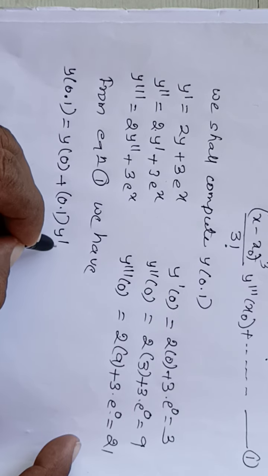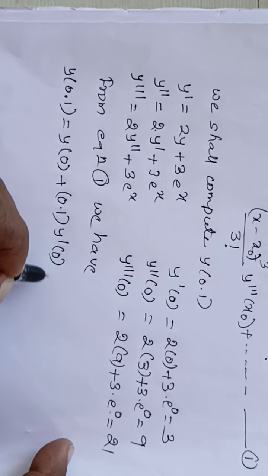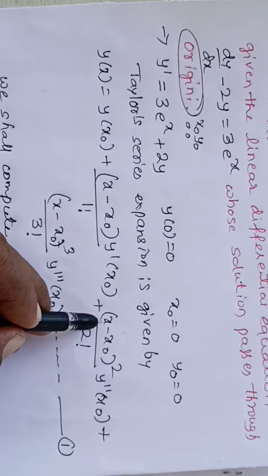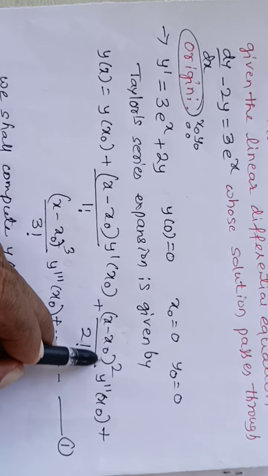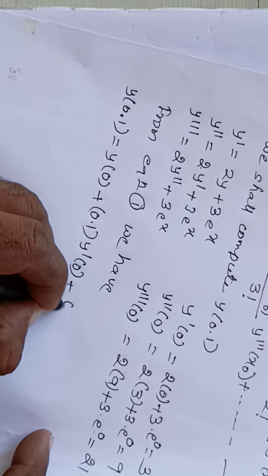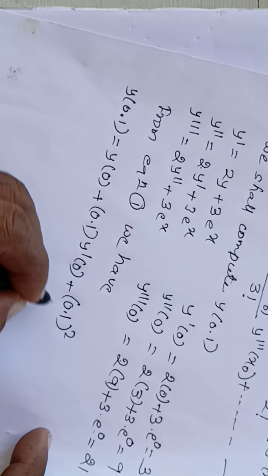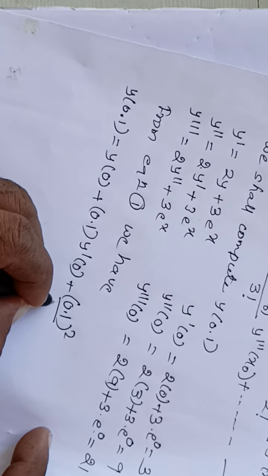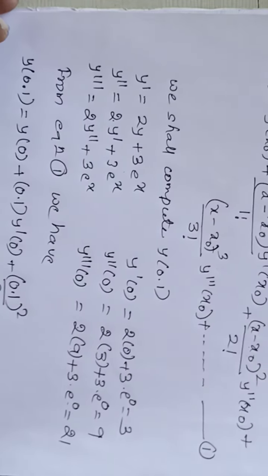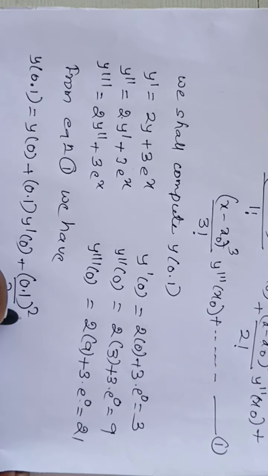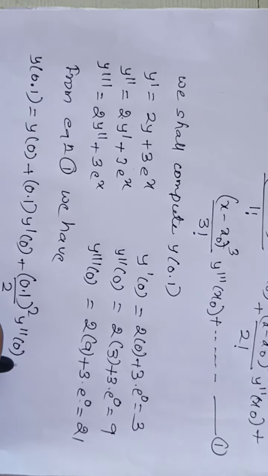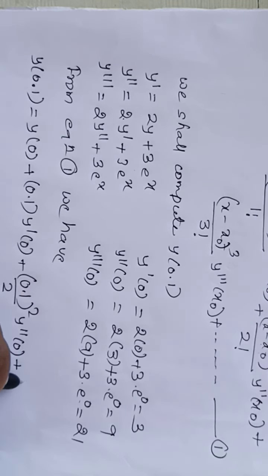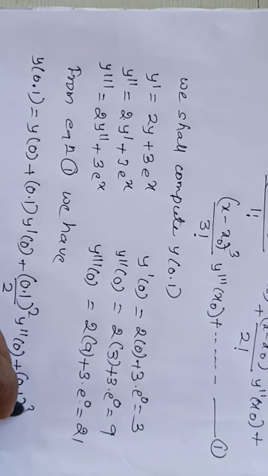So y dash of again x naught 0 plus again 0.1 minus 0. It is 0.1 the square divided by 2 factorial, 2 factorial is 2 only. Next, y dash x naught 0 plus definitely 0.1 the over cube.